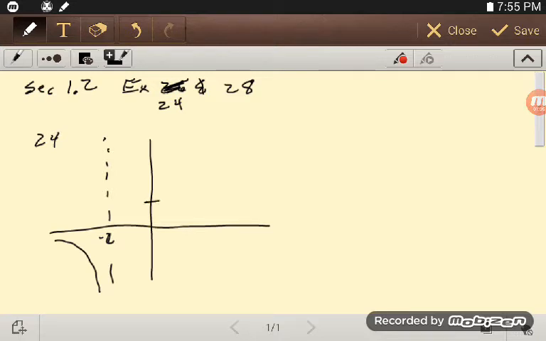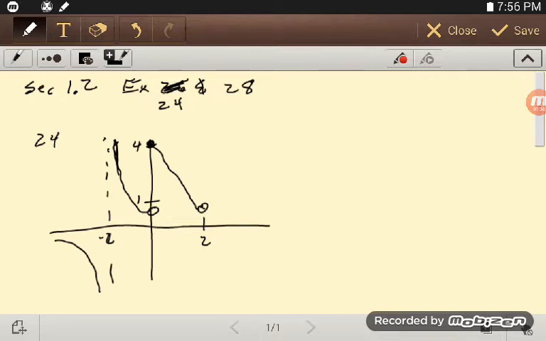And here below 1 there's a hole like that, and the function heads up along those lines like that. And then up here at 4 there's a closed circle, comes down toward 2, but sort of a little above 2, maybe at that same value under the 1 there.